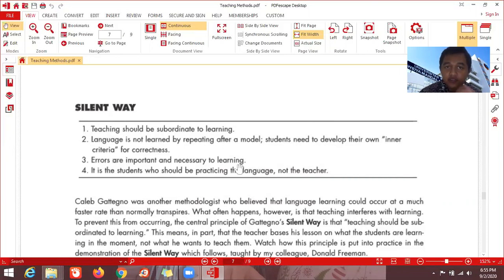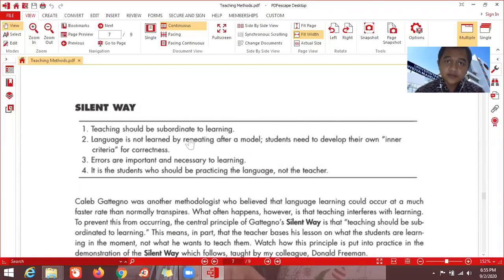It strongly demands the students to learn, and the role of teachers to teach should be very much decreased in that sense. So it says here, teaching should be subordinate to learning. It means learning should be more powerful, more influential, given more attention, given more time than teaching.